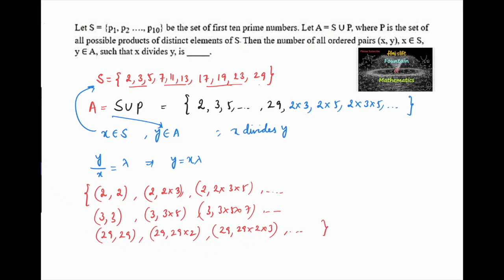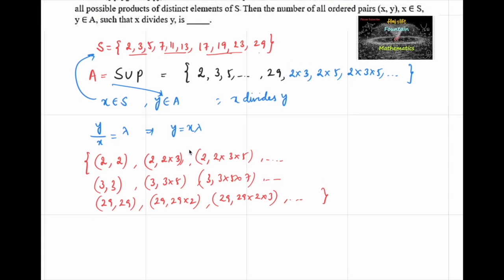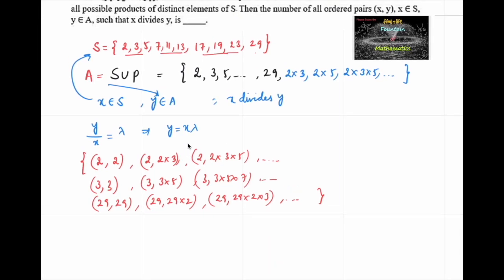So we can mention the number of possible ordered pairs. So we can say first 2, 3, 5 and so on up to 29, there are 10 numbers. For each number, if I choose 2 as the number, then the remaining are 9 numbers out of 10.